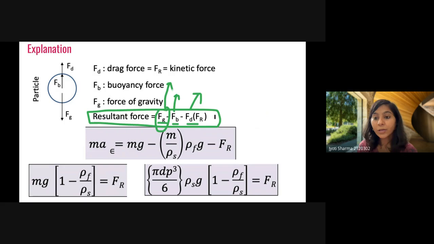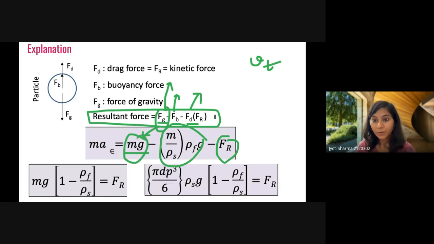Because we are talking about the Vt. So what will happen? Ma, that is the resultant force, is equal to mg. Then the force due to buoyancy will be defined as this one, and then Fd. But what we were saying is that this will be equal to 0, because there should not be any acceleration.